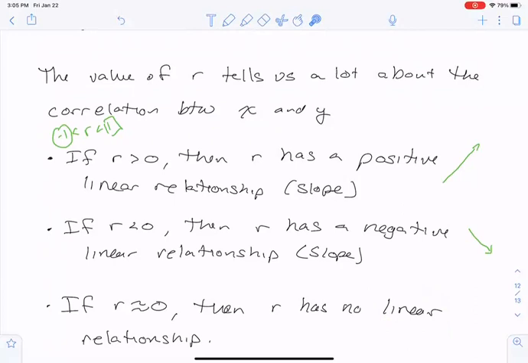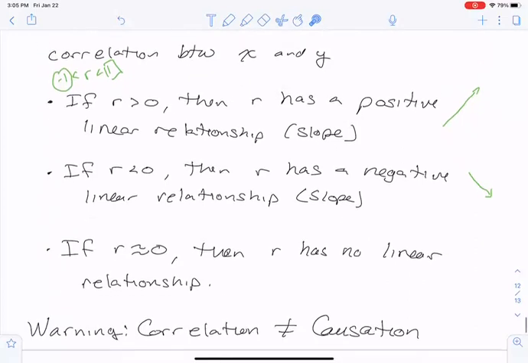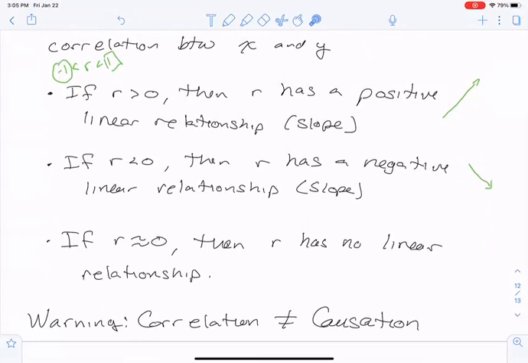But even with a very high R value or a very low R value, like close to 1 or close to -1 respectively, one thing we want to keep an eye out for is that correlation, having a very strong correlation coefficient, does not mean one thing causes another.